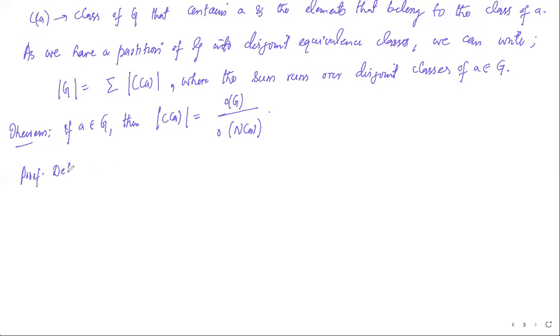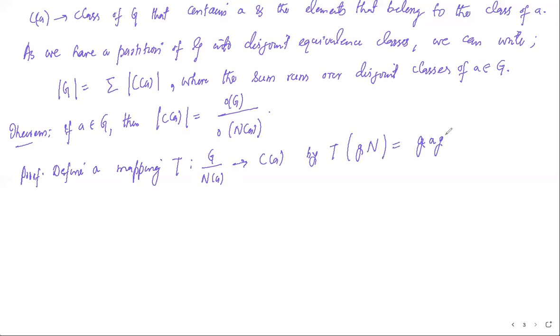So we define a mapping T from G by N(a) into C(a) by T(gN) is equal to g a g inverse.